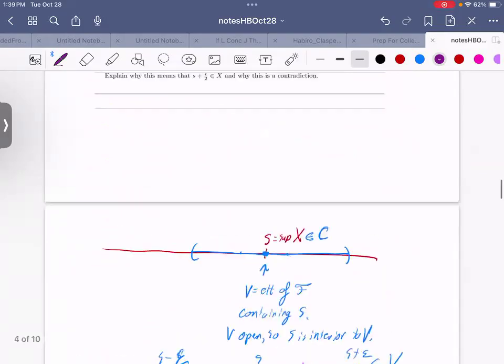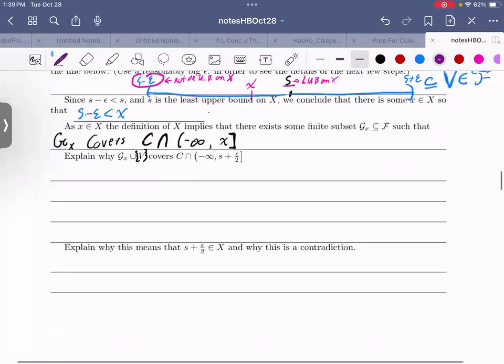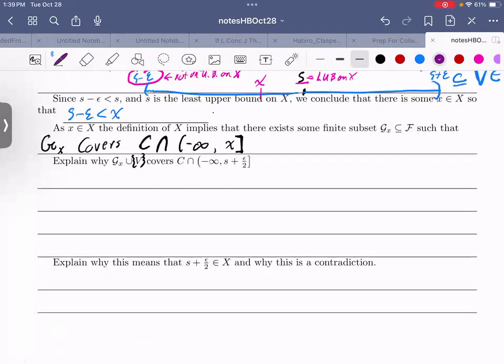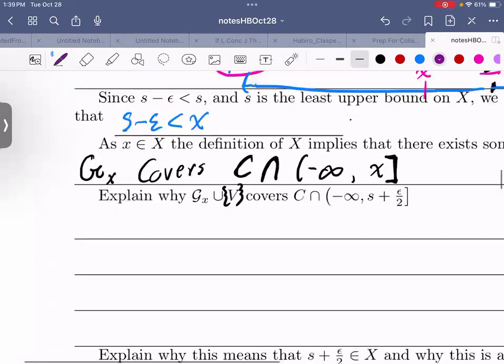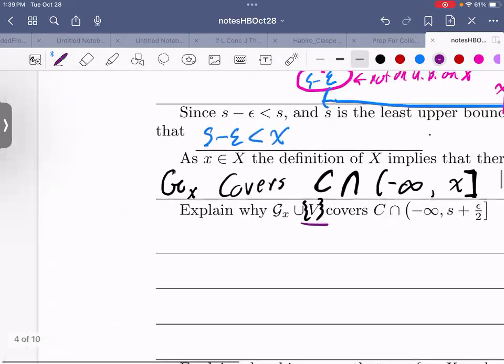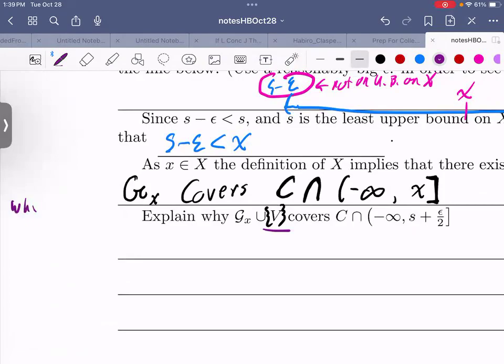So let's write down those words. Let's explain why G sub X, together with the set containing only V, covers. So remember, a cover is a collection of a bunch of open sets.